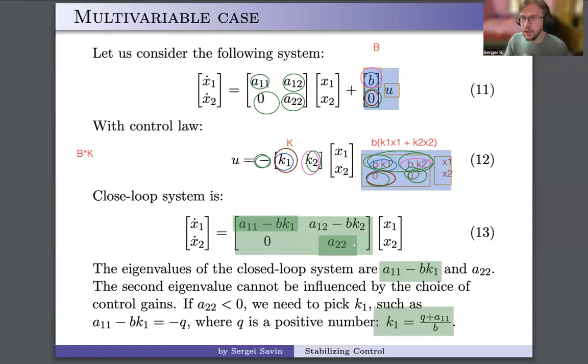The second eigenvalue is out of our control, right? So if A22 is already negative, then we can stabilize this system. So we can make the system stable. But if A22 is not negative, we have no options. We cannot do anything. So here we rely on A22 being negative without us doing anything. That's quite interesting.